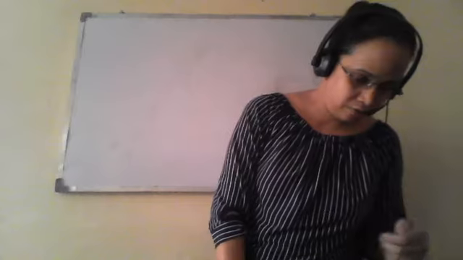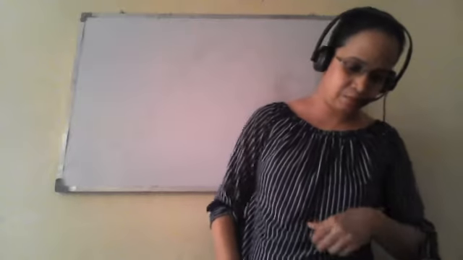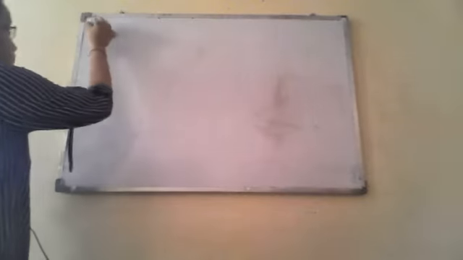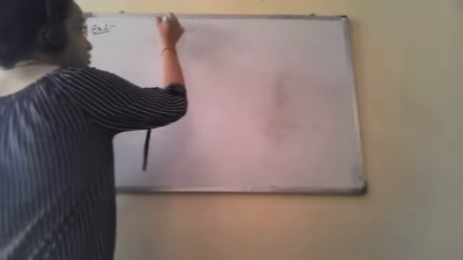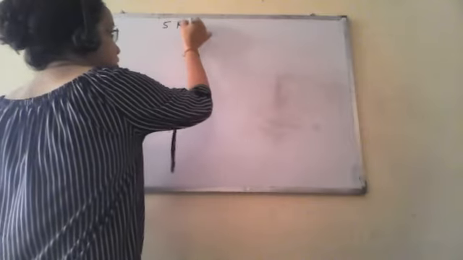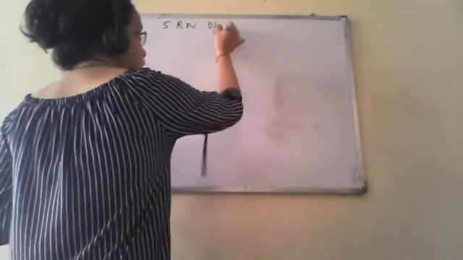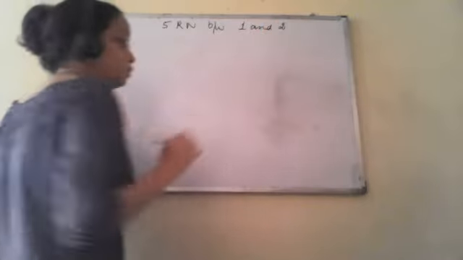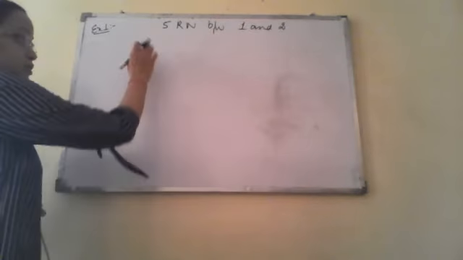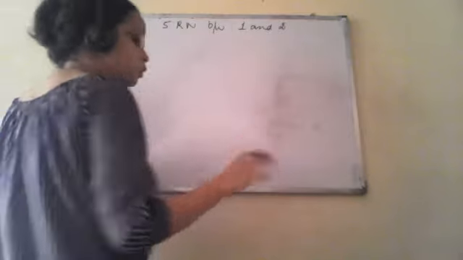Example 2 of NCERT: find 5 rational numbers between 1 and 2. So this is the first example. Clear? 1 and 2 you can do either way.